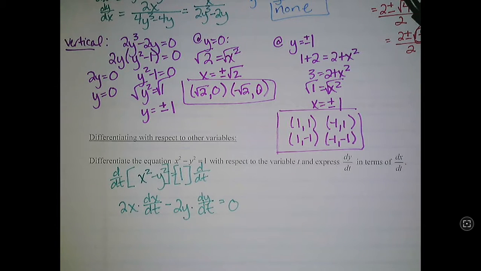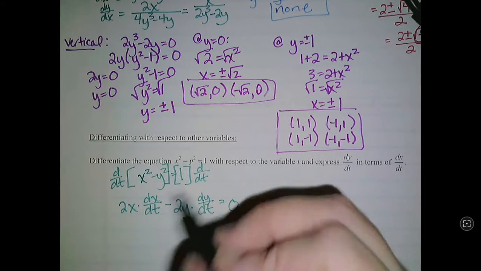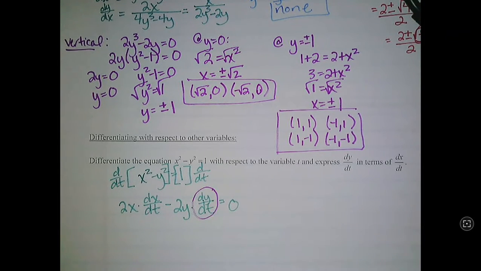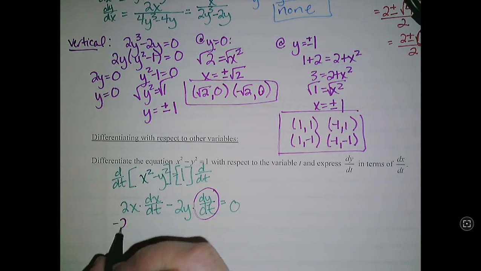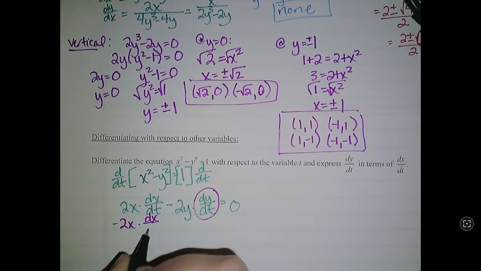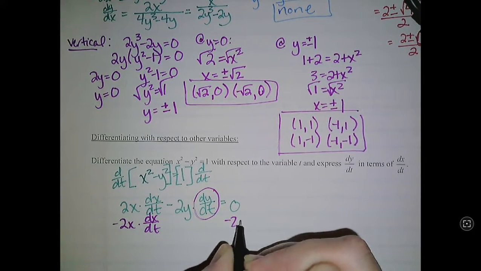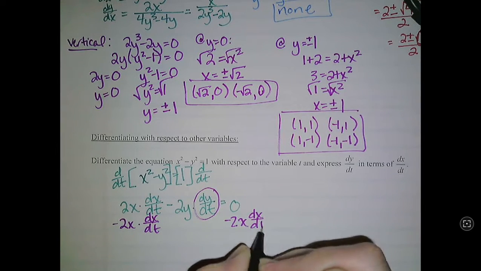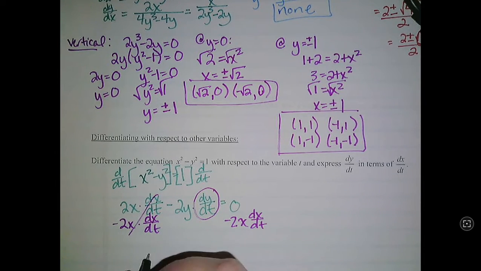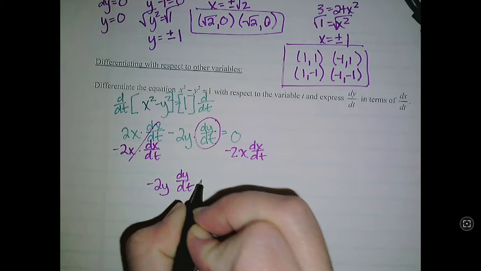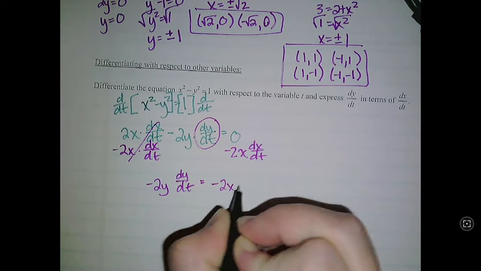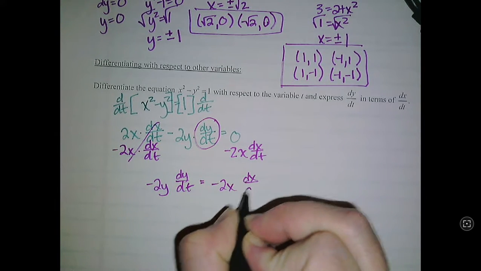So now I need to solve this for dy/dt. So if I want dy/dt, I'm going to start by isolating that. I'm going to subtract the 2x times dx/dt from both sides. So negative 2y times dy/dt is equal to negative 2x times dx/dt.